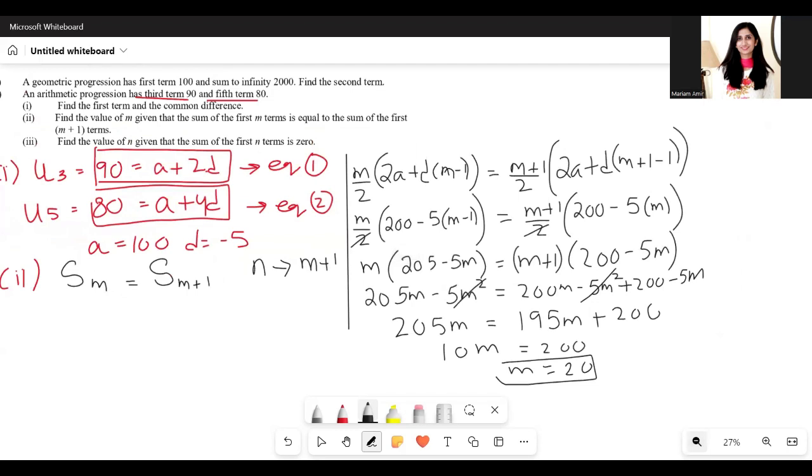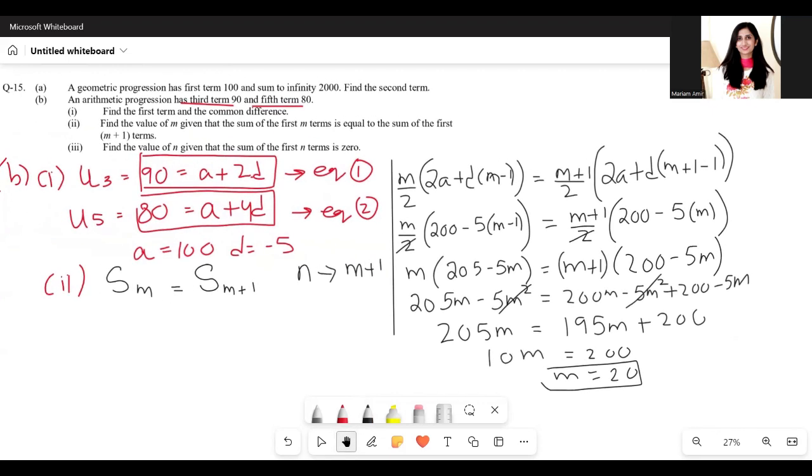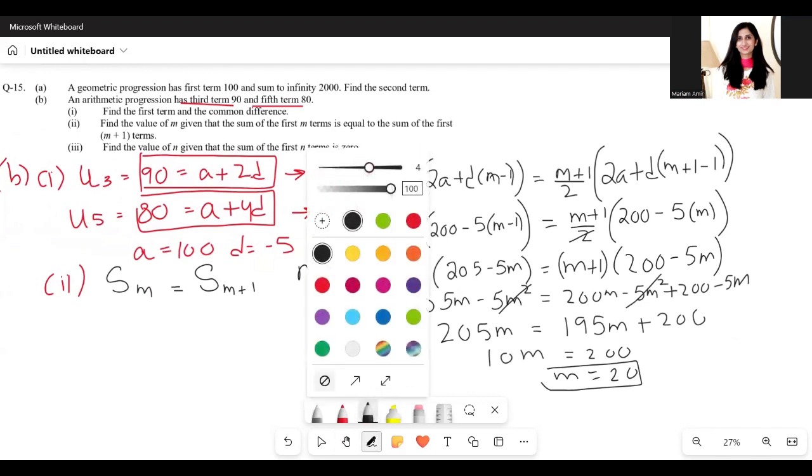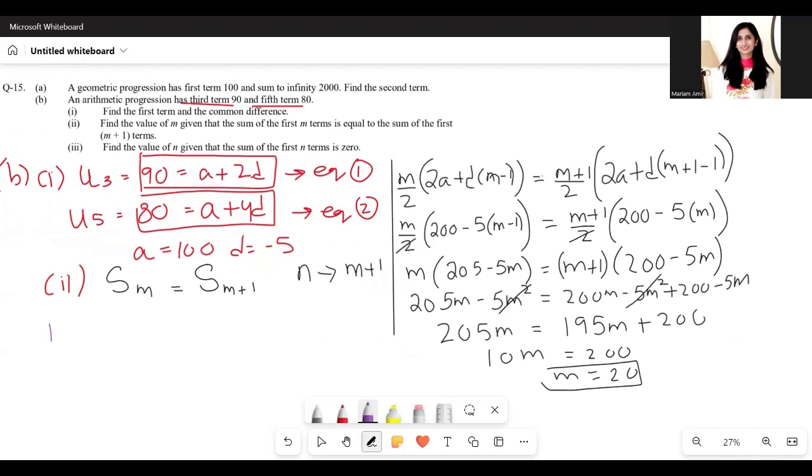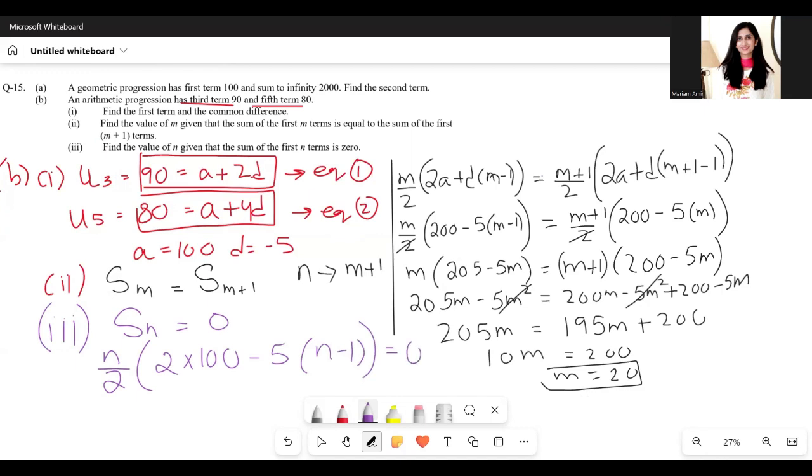The last part of this question is: find the value of n given that the sum of the first n terms is 0. So part 3, let's do the rest of part 3 here. Sn is equal to 0. That means n over 2 times 2a, replacing a with 100, plus d, which is minus 5, times n minus 1, bracket close, equals 0.